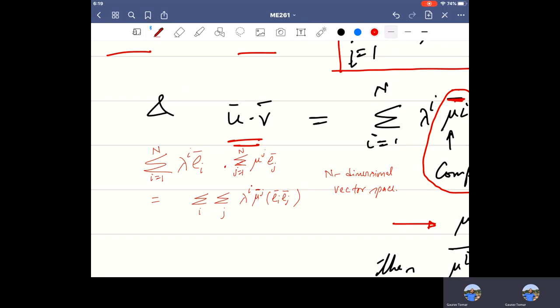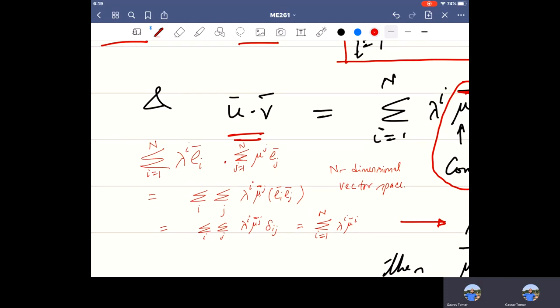So we'll get summation over I, summation over j of lambda I mu j, and this is delta ij. Now this double summation has non-zero values only when I equals j. So you can reduce it to a single summation, and then you will write it as I equal to 1 to n lambda I mu I conjugate. This is how you write it.